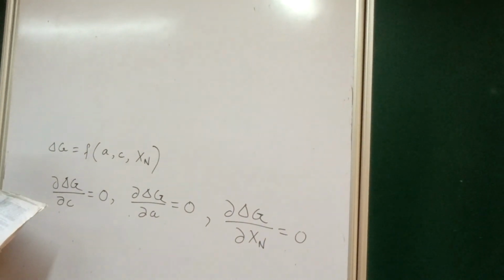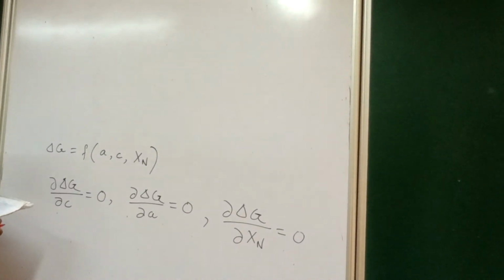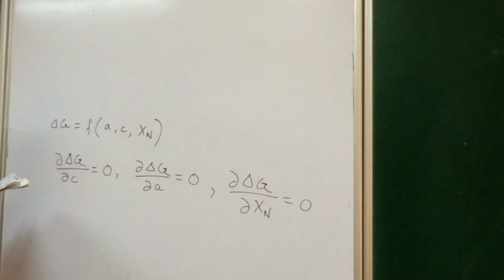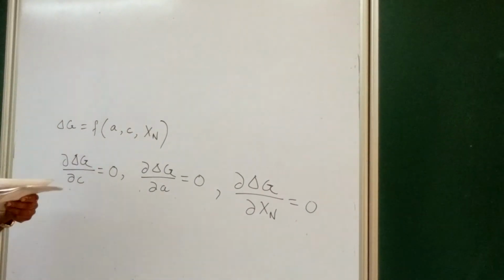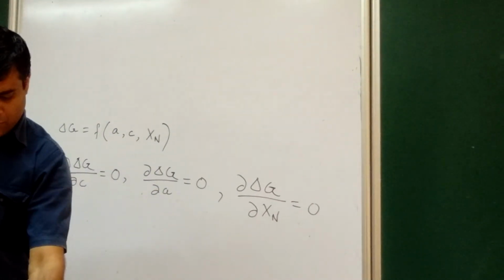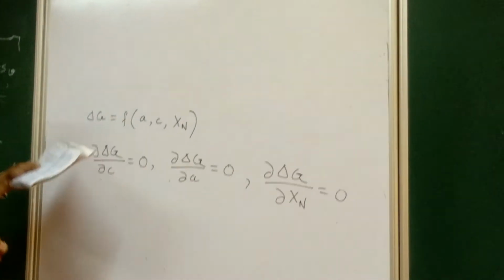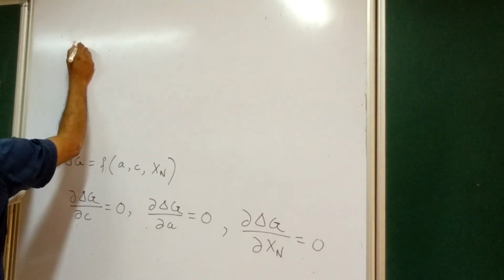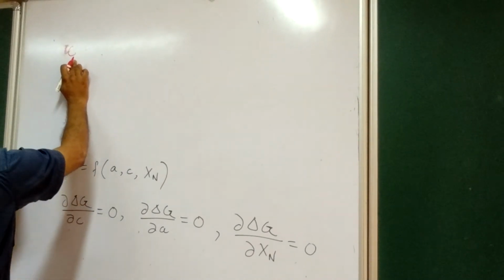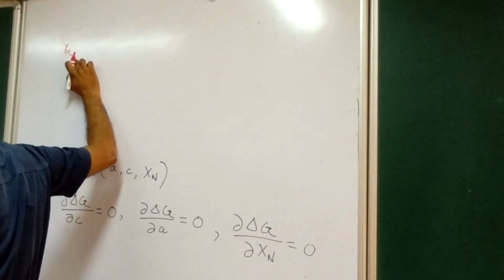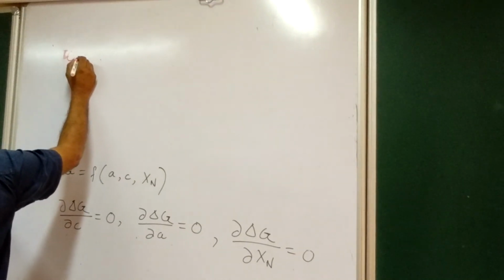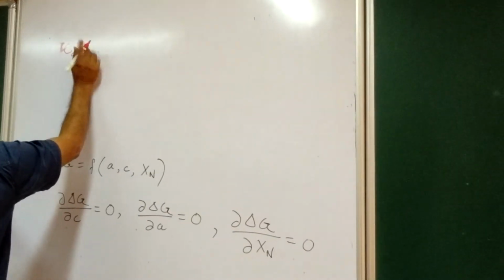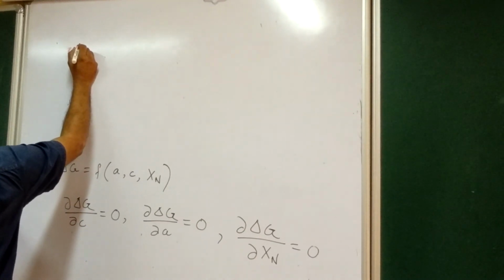so if you do those differentiations, assume the composition of the alloy and the nucleus to be constant, then you will get that C of the critical size oblate spheroid nucleus, say C star.